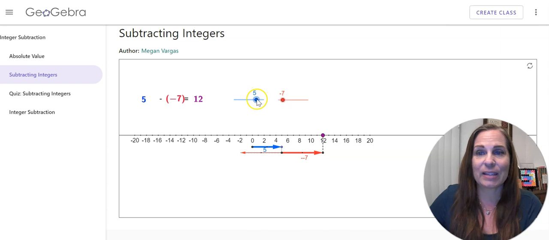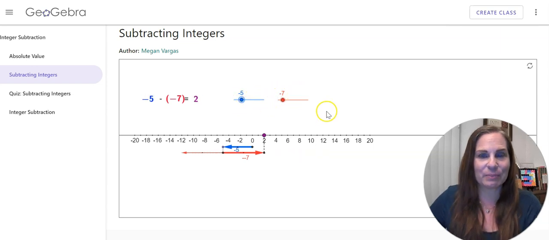Let's do a negative number and a negative number, right? So now we've got -5 minus -7. Well, subtraction is just adding the opposite, right? So that means we have a -5 plus 7.